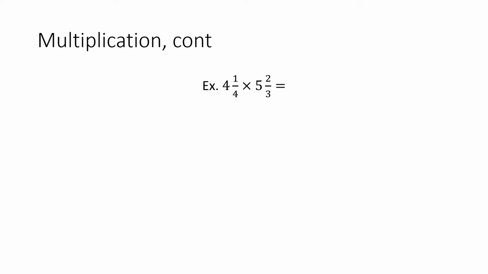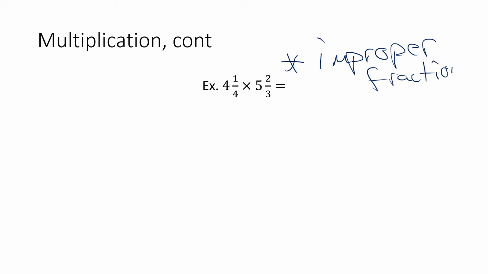How about this one? 4 and 1/4 times 5 and 2/3. So we have 2 mixed numbers. Very first thing we have to do is make these guys improper fractions. Unfortunately, we can't simply multiply our whole numbers and multiply our fractions and then call it good.